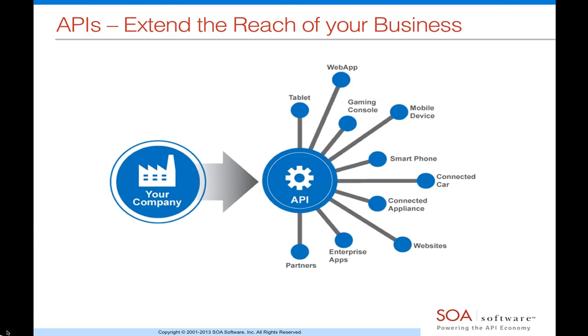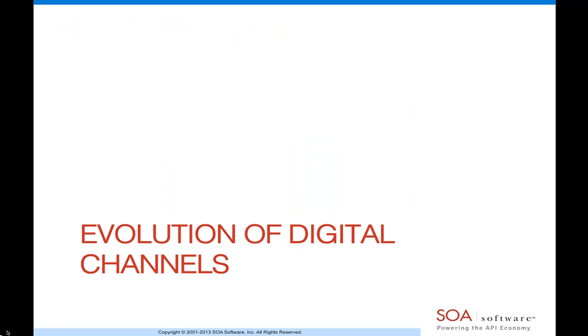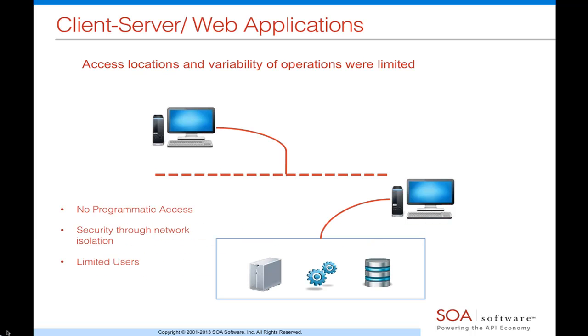To understand that a little bit, let's look at how digital channels have evolved over the last 25 to 30 years. If you go back to the early or mid 90s, the only way information was accessed was primarily through client-server applications or web applications.